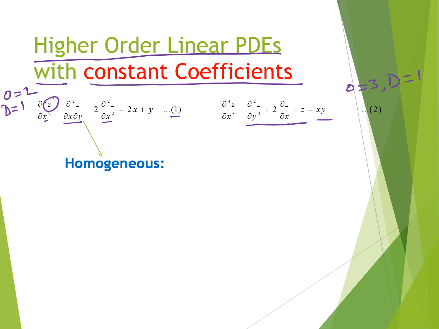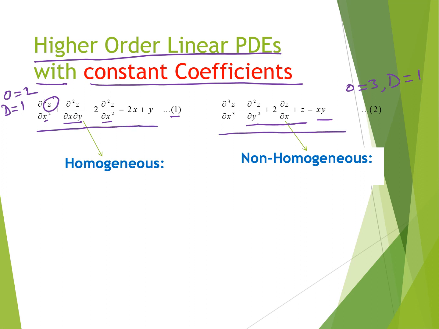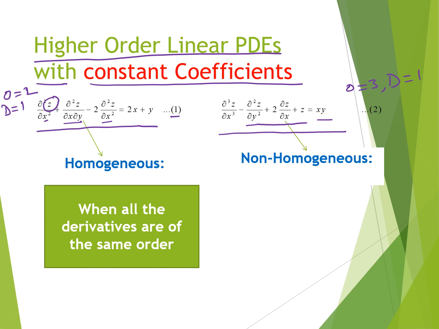Now, what do you mean by a homogeneous partial differential equation and a non-homogeneous partial differential equation? This is the homogeneous partial differential equation and this will be the non-homogeneous one, because an equation is homogeneous when all the derivatives are of the same order.